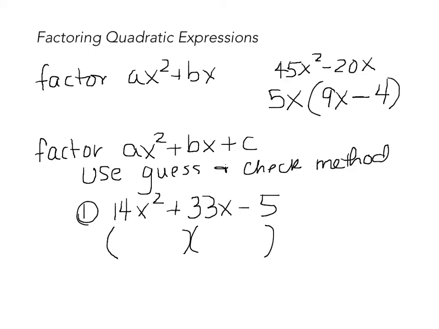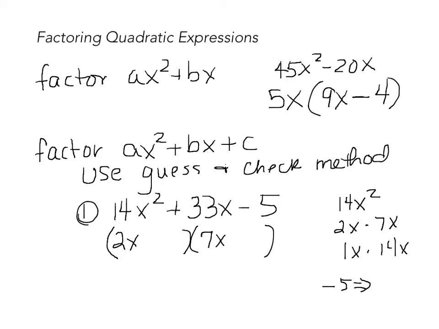And I come off to the side and I think, well, 14x squared, I could do 2x times 7x. I could do 1x times 14x. I'm going to try the 2x times the 7x first. And then when I take a look at the negative 5, well, that could be negative 1 times 5 or 1 times negative 5.